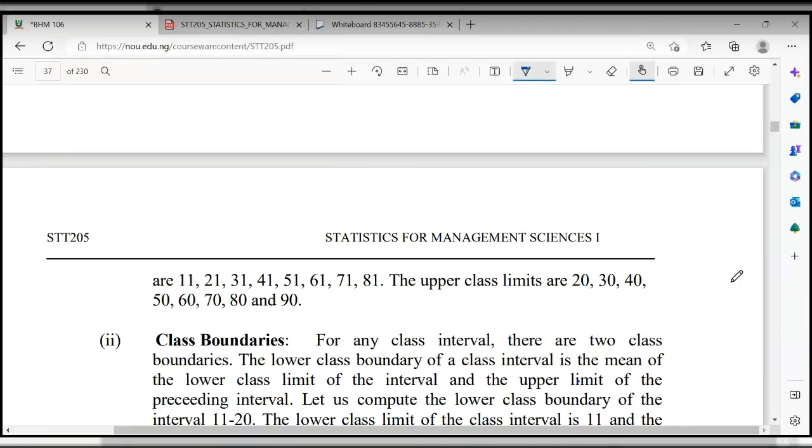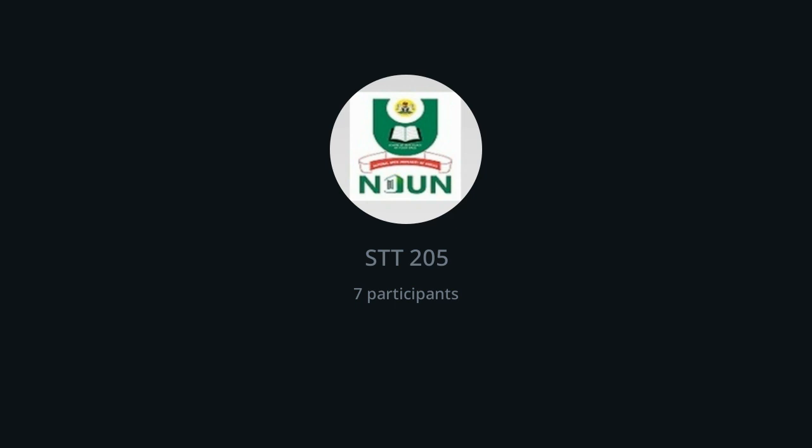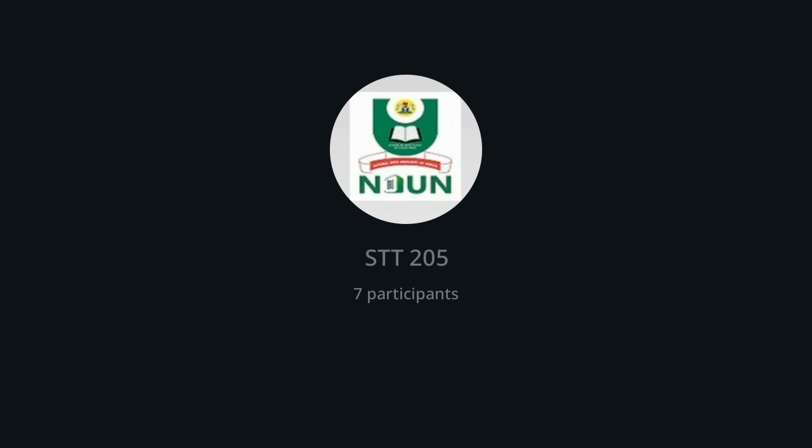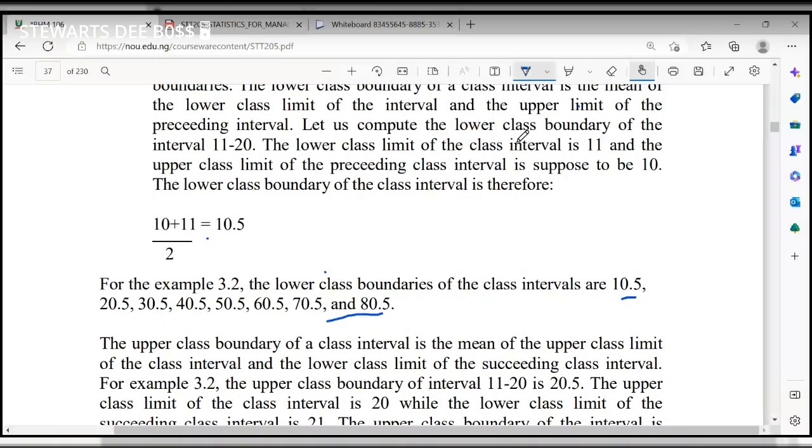They said it here that if you're looking for the lower class boundary, they gave an example: the lower class limit of the class interval involved here. Let us compute the lower class boundary of the interval 11 to 20.